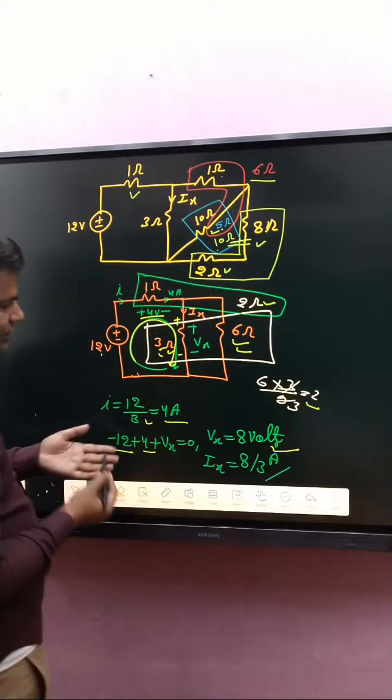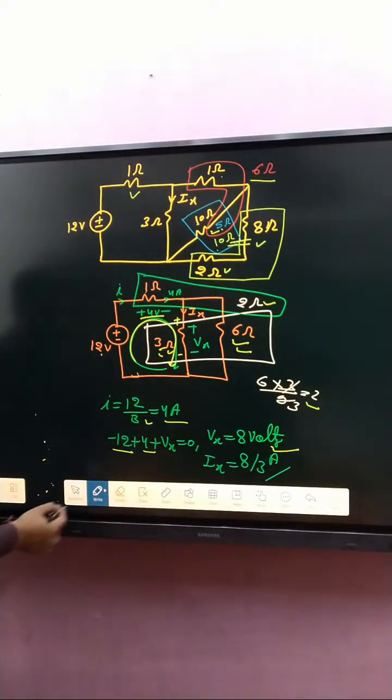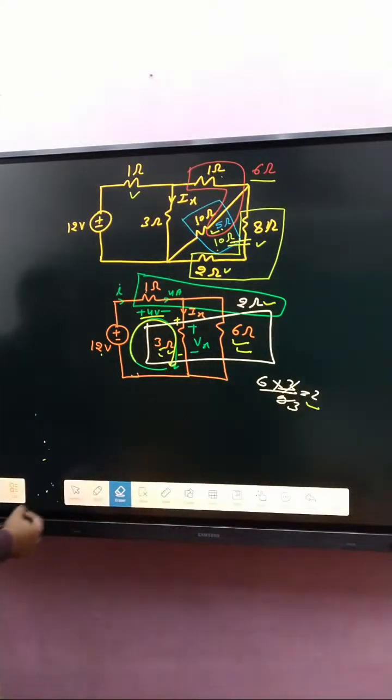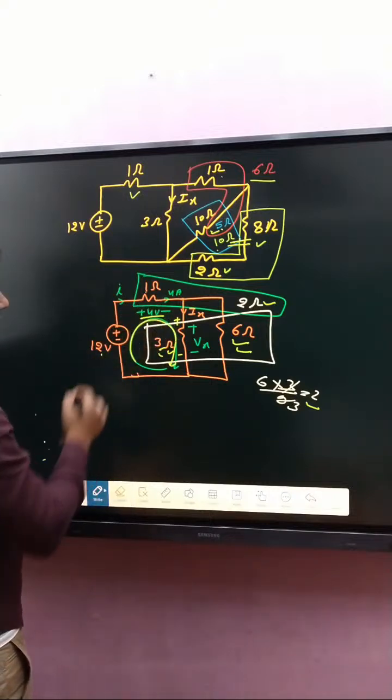Otherwise, you can also use the current division rule here. If you want to use the current division rule, then how can we do it? First of all, what about I? I is 4 ampere.